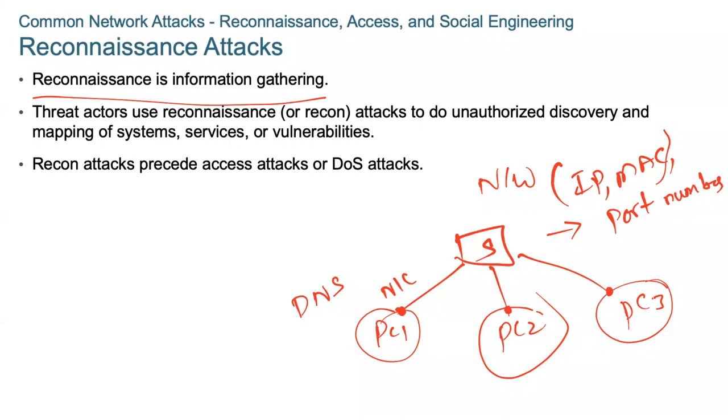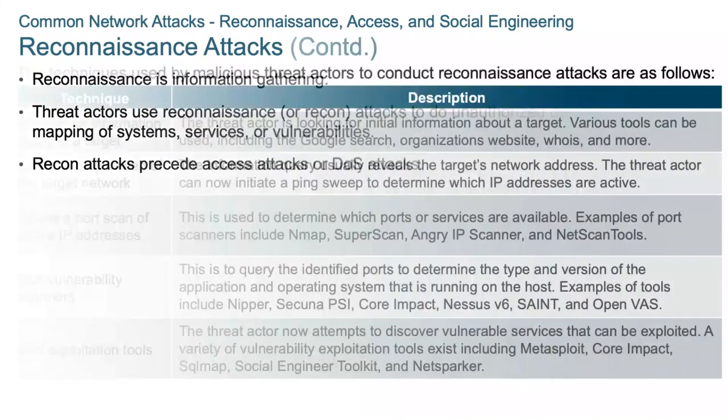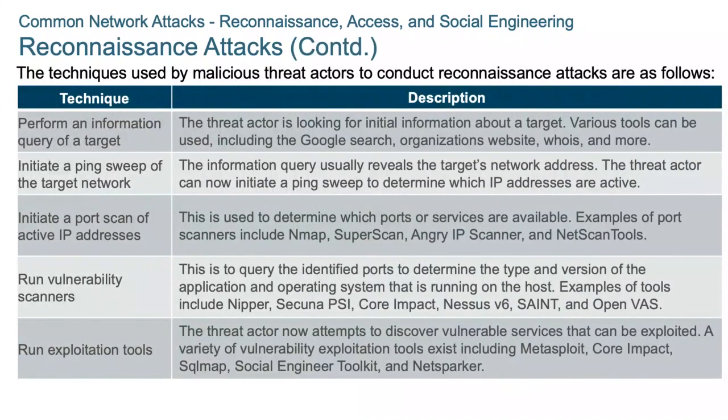So let us see what kind of information this reconnaissance attack will gather. The technique used to gather the information of your target is to perform an information query of your target. In terms of our network, they try to use a very famous tool called Whois.